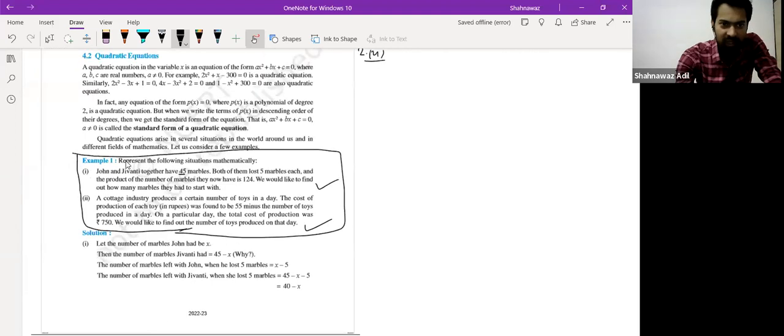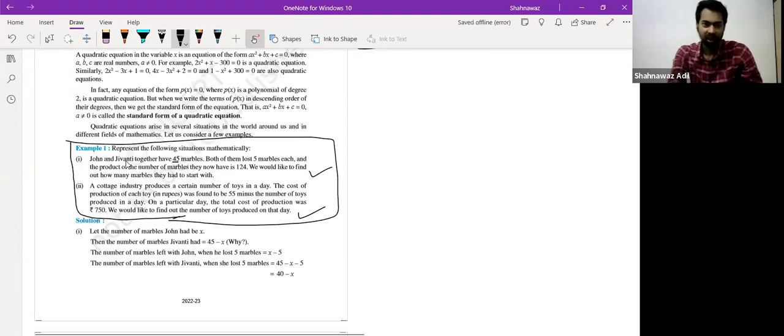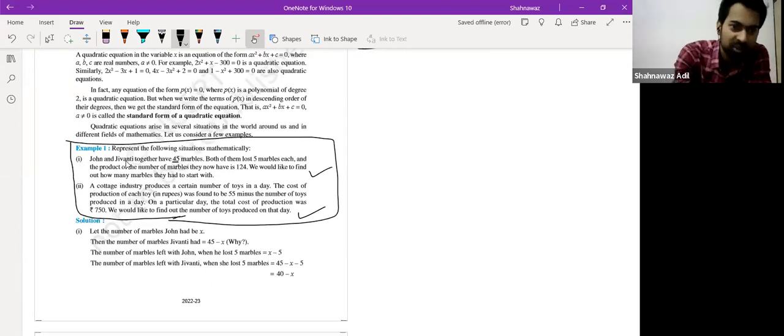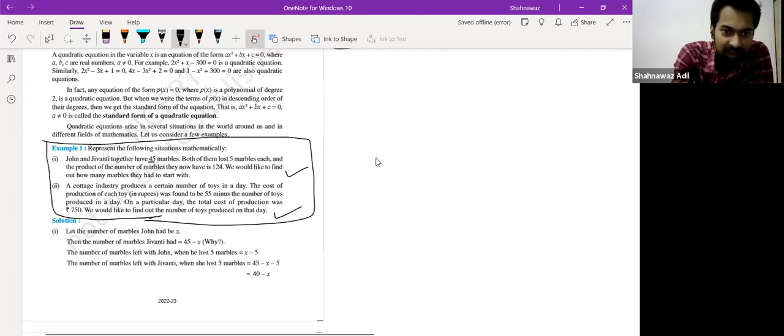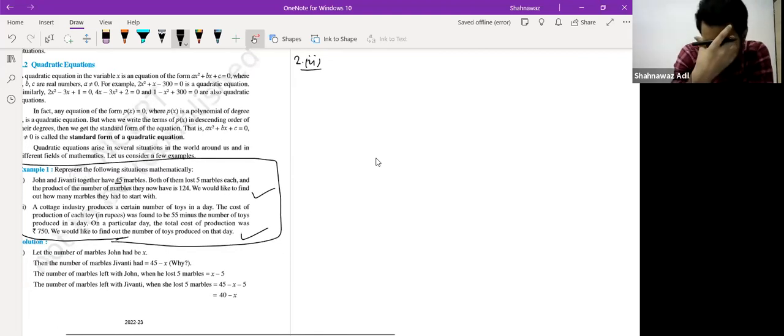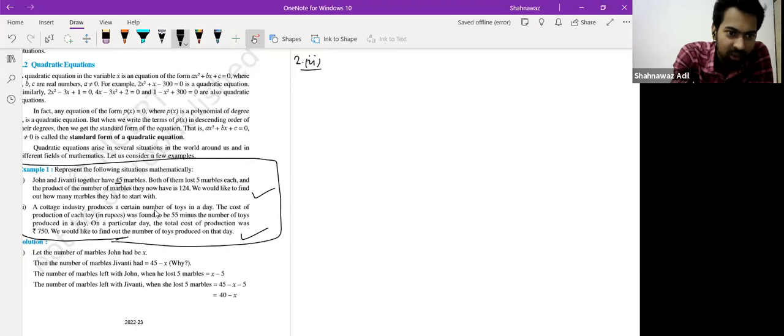So, Salah, your turn. A cottage industry produces a certain number of toys in a day. Are you ready? Yes. A cottage industry produces a certain number of toys in a day.